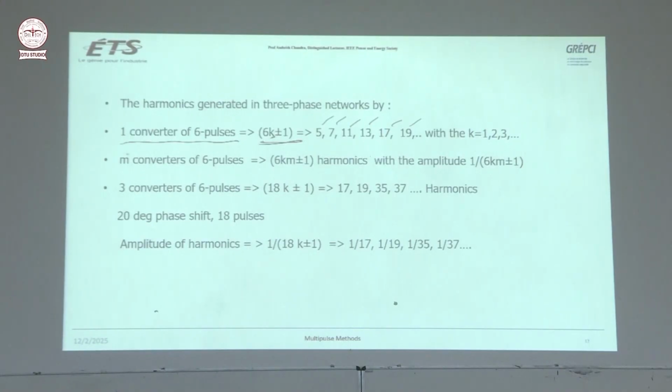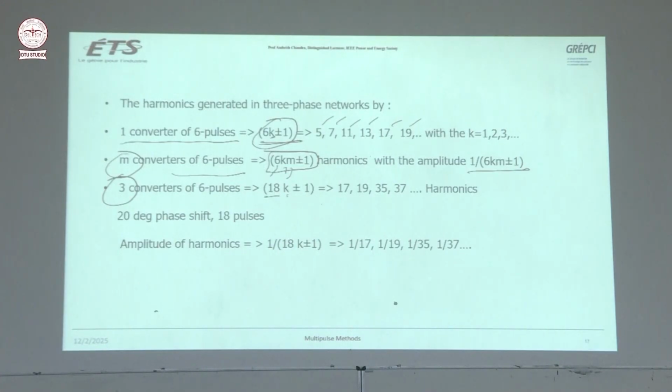If you have m converters of 6 pulses, this equation can be written like this, and the amplitude is this. It means if you have 3 converters, for k equal to 1, 6 multiplied by 3, so 18k plus minus.